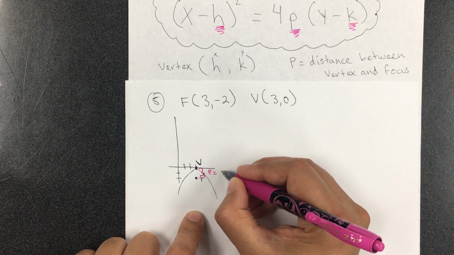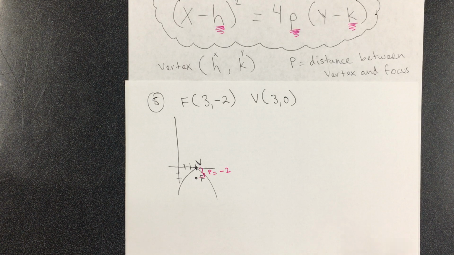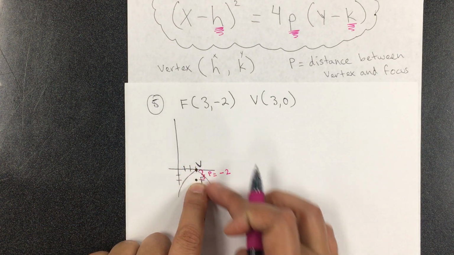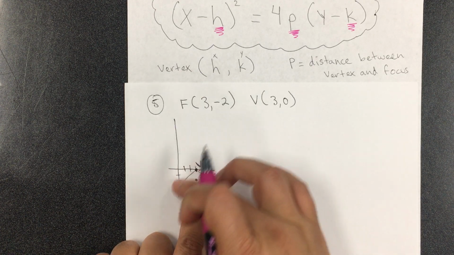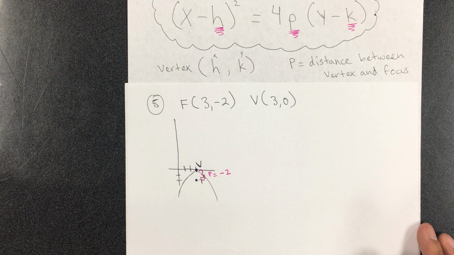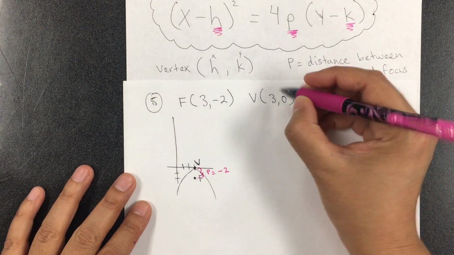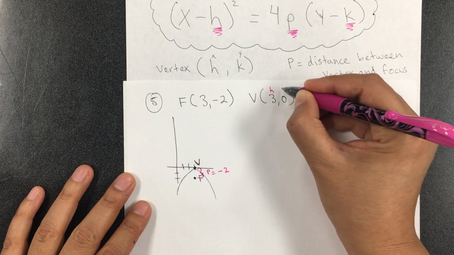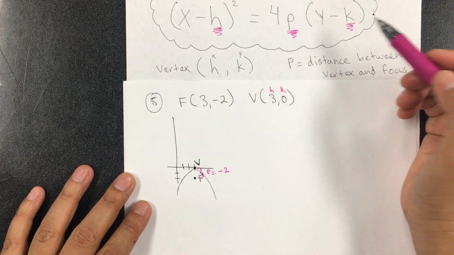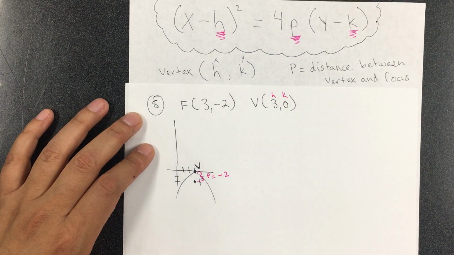It's 2, but we're going to put -2 because the parabola opens down. Remember that the focus point is always between the two arms of the parabola. Now that we have the vertex, we have h and k, and we have p because we just figured it out. Now we have the three pieces that we need to plug in.